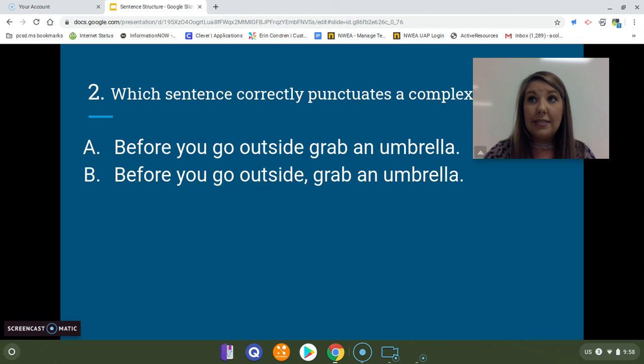Is it at the beginning or is it in the middle? It is at the beginning, before, okay? The word before is your subordinating conjunction. So do you need a comma? Yes, you do. Before you go outside, comma, grab an umbrella. B would be your correct answer.